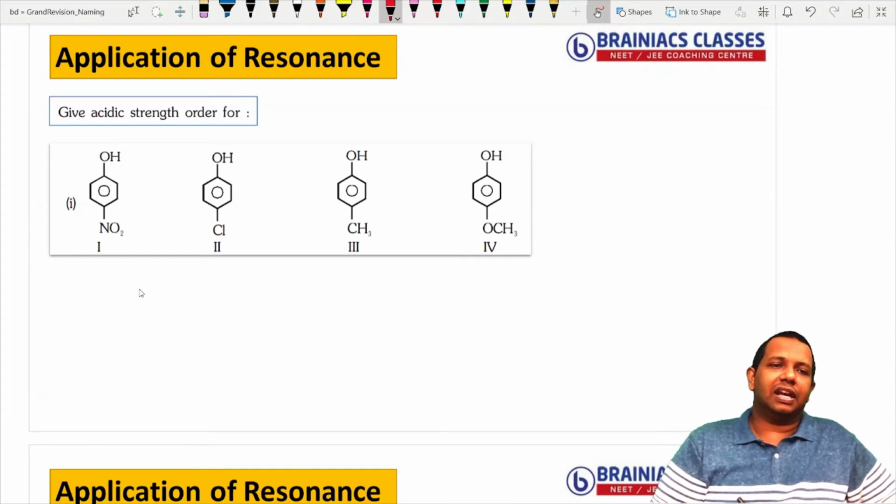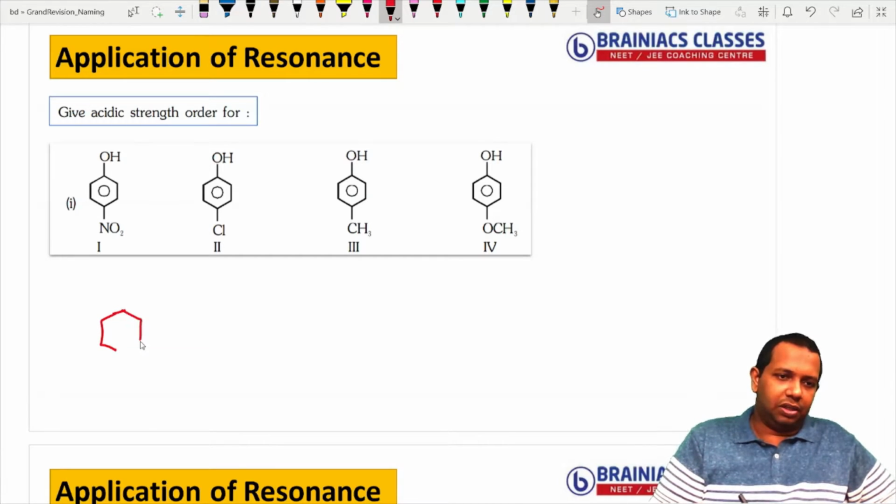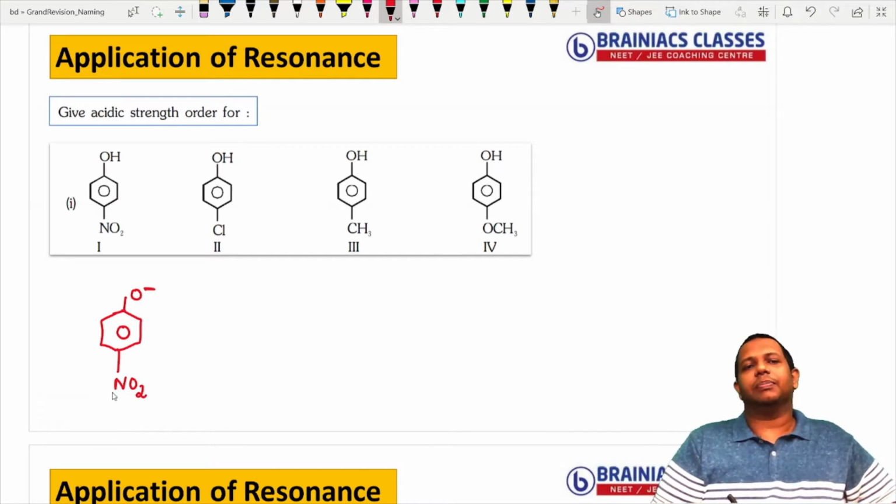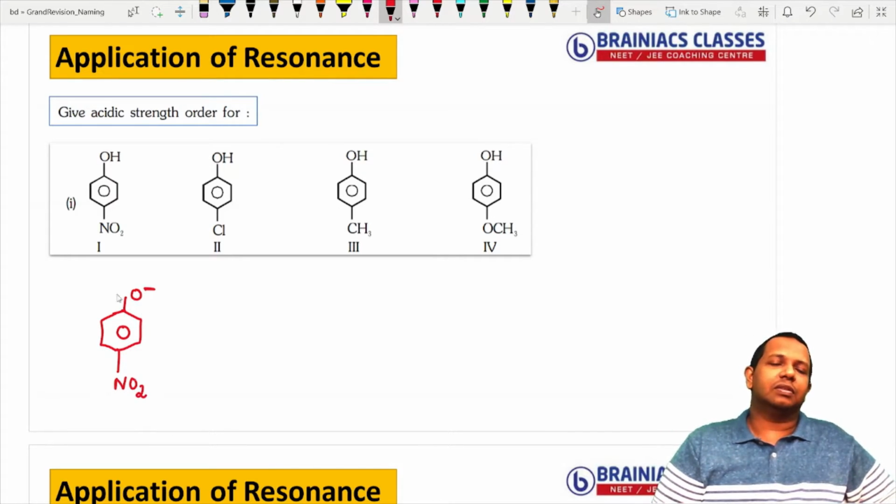Whenever they are asking acidic strength, the first step we need to do is remove the H plus from the given compound. We know that the phenolic derivative, after giving the H plus, will become the phenoxide ion, O minus, and you can see NO2 is present here. Now how will we check whether this is a good acid or not? The concept is very simple.